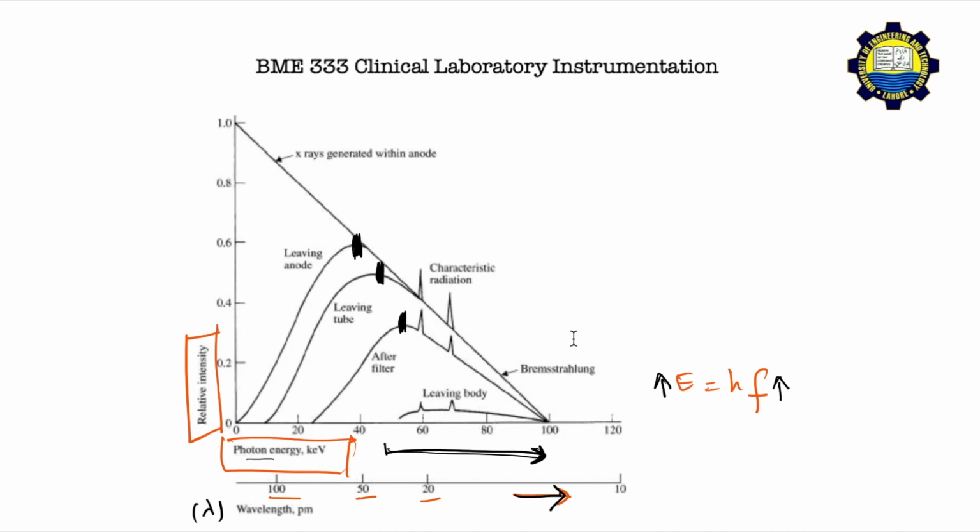Then the low energy photons hit the aluminum filter, and then we lose some photons there as well. So that's why the decrease in relative intensity makes sense. This is why the bell curve is meant to decrease as it moves from one filter or one event to the other.